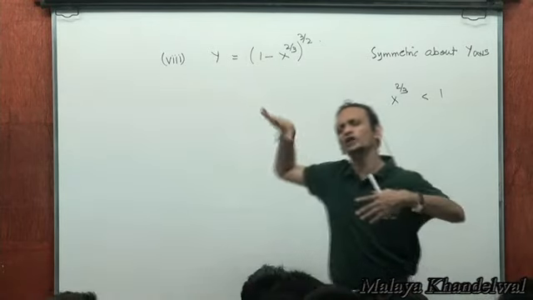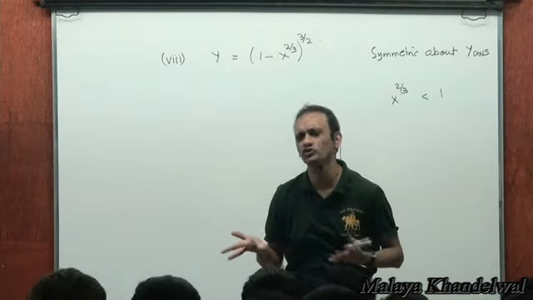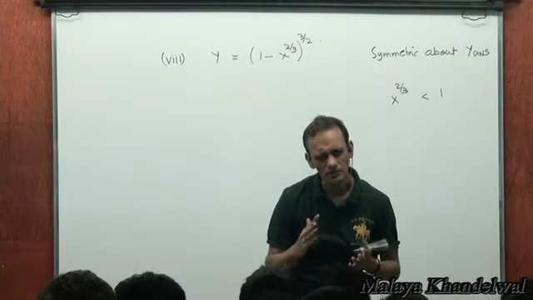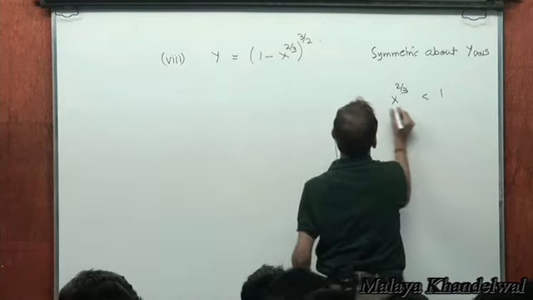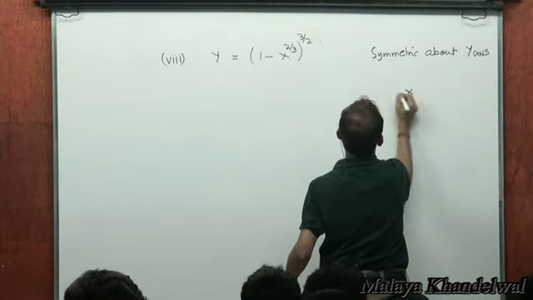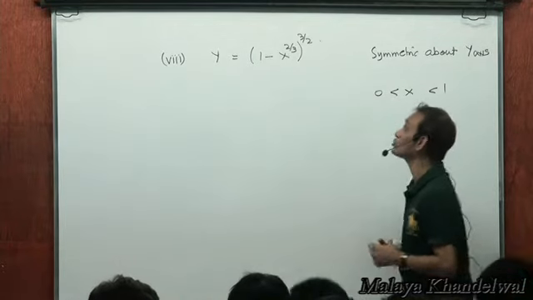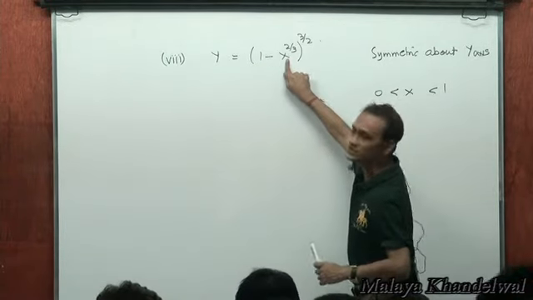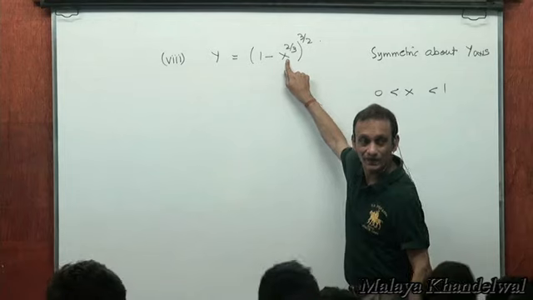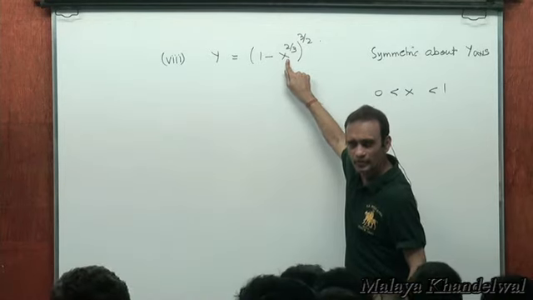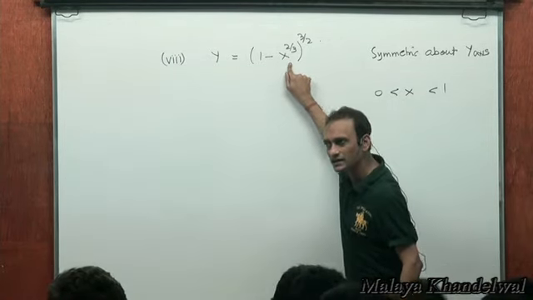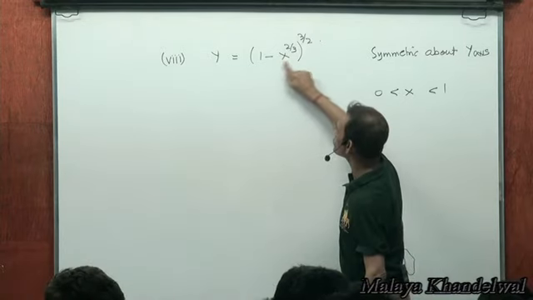Let me draw the graph only in the first quadrant, because then I can reflect it about the y-axis. So for x greater than 0, it also has to be less than 1, because 1 minus this has to be greater than 0.